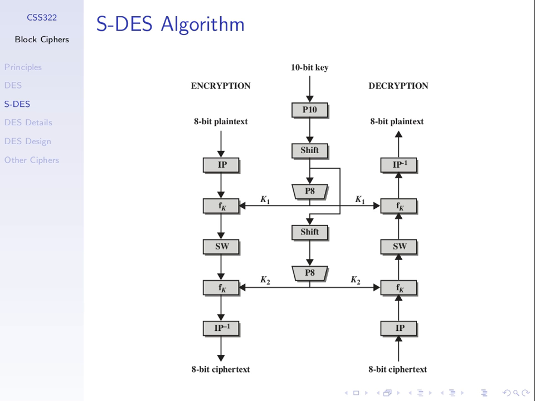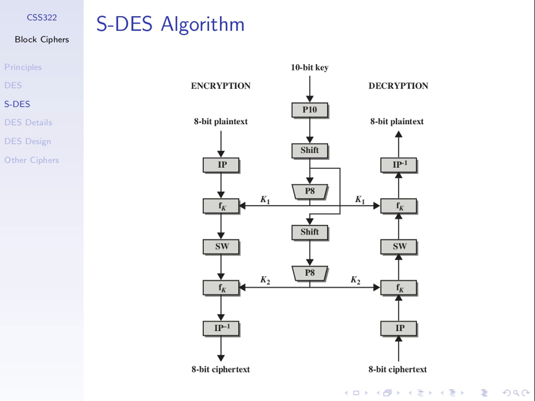Let's focus on encryption. I start with 8 bits of plain text. All right, before encryption we need to generate our key. So the first thing, in fact, I start with a 10-bit key. I choose a key, it's a secret key. P means permutation here. P means we're going to apply some rearrangement of the bits.